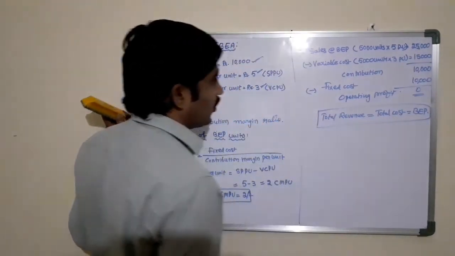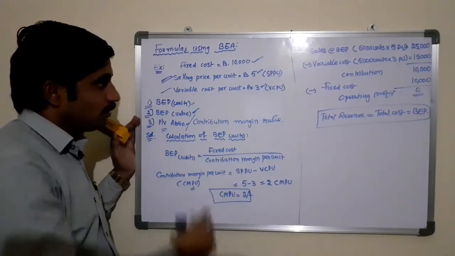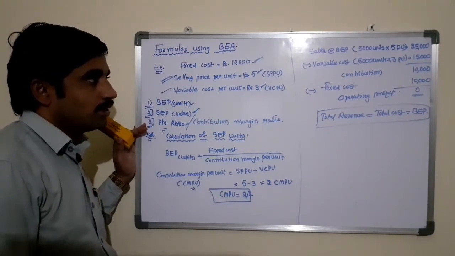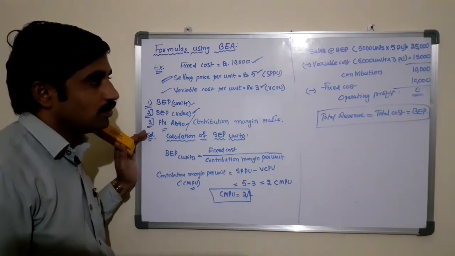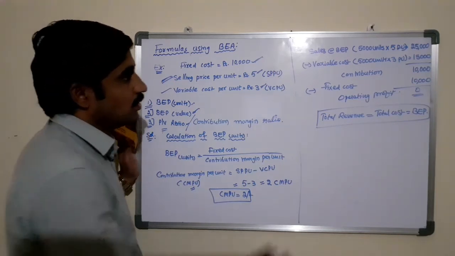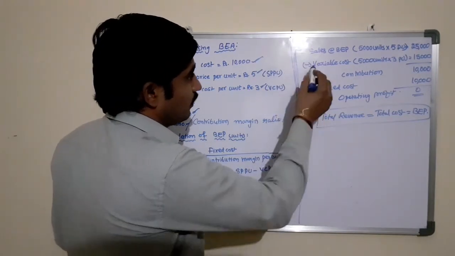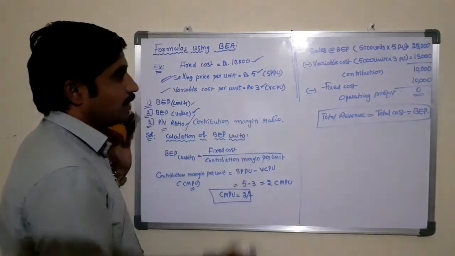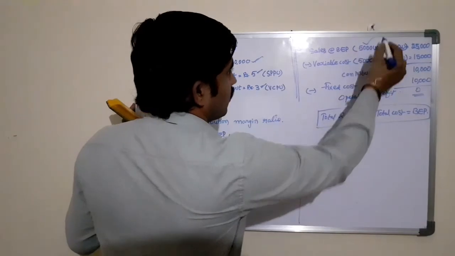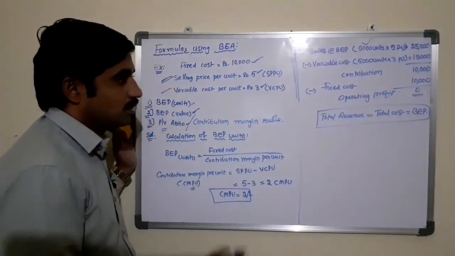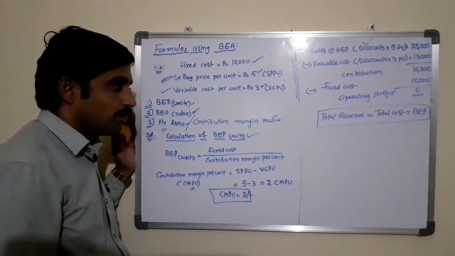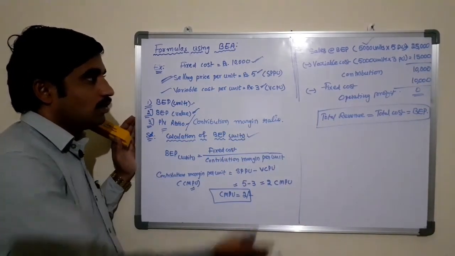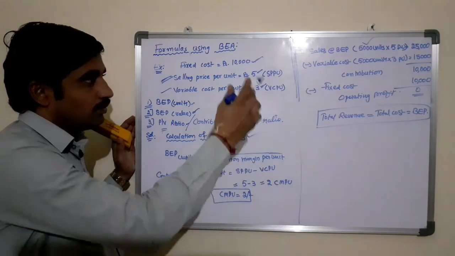This is the process of proving whether the calculated break-even point in units and value is correct. This statement shows that the business attained the break-even point at 5,000 units. So this is the process of calculating break-even point in units, break-even point in value, and also the proof of break-even point.